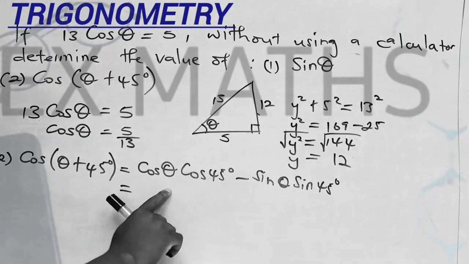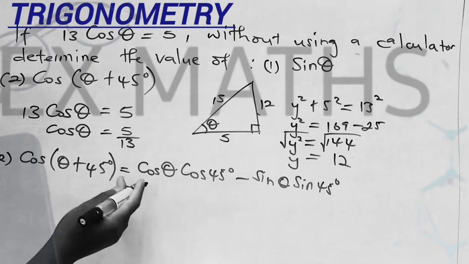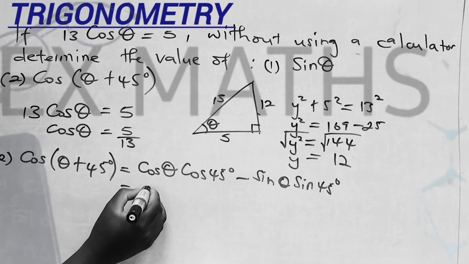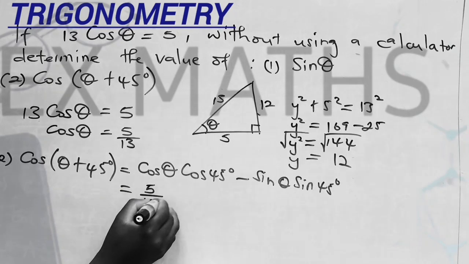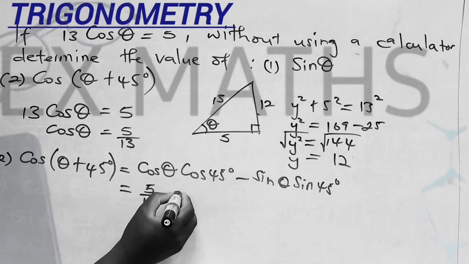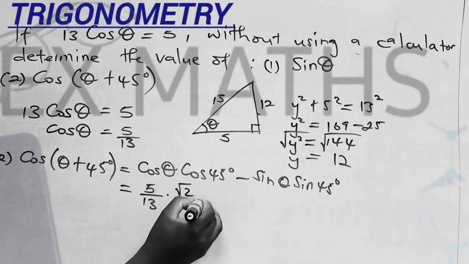So this will be equal to cos theta. We know that cos theta is 5 over 13. Then we substitute with 5 over 13 multiplied by cos 45. 45 is a special angle, so the value of cos 45 is root 2 over 2.